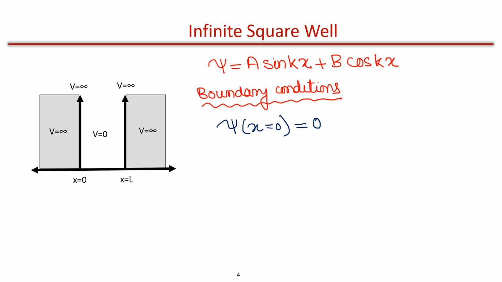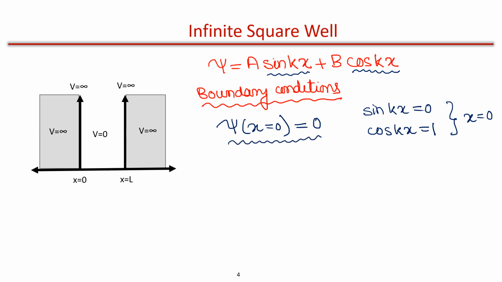We know that at x is equal to 0, sin kx is equal to 0, whereas cos kx is equal to 1. So in order to have this, b must be equal to 0.